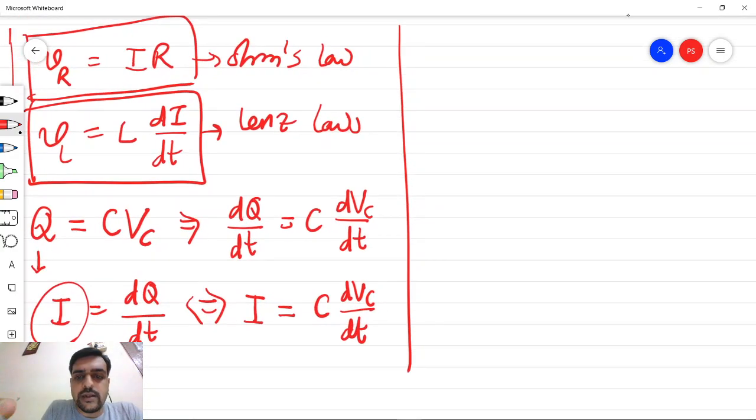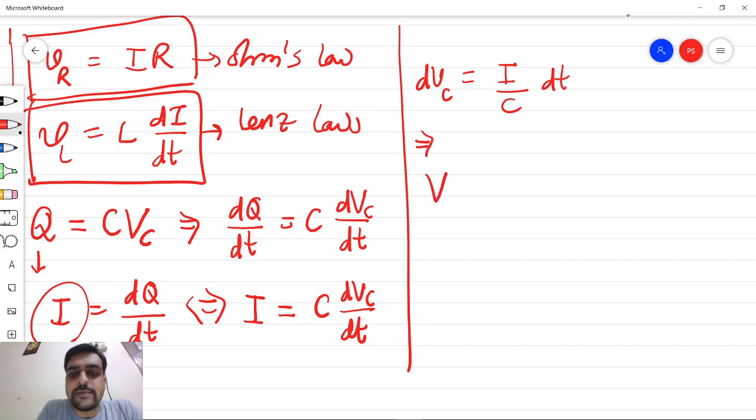Now here this dVc is just I by C dt, so we are rearranging the terms on both sides. We can integrate this to get an expression for Vc, which is equal to 1 upon C integral I dt.